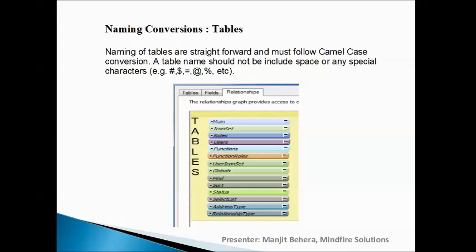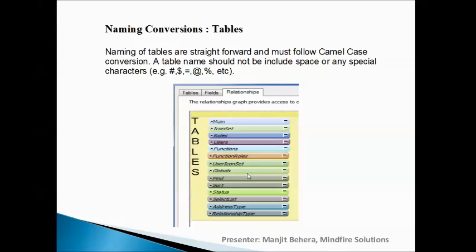Here we have the original tables like main, icon, set, rules; all these are table names, and these are the original table occurrences.